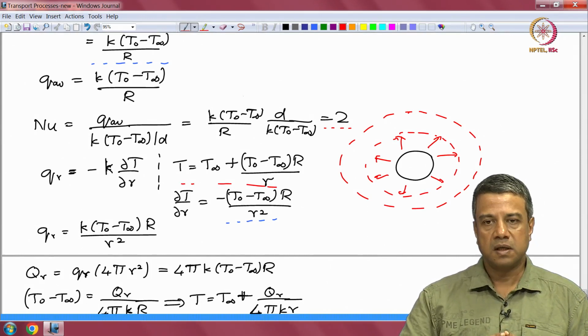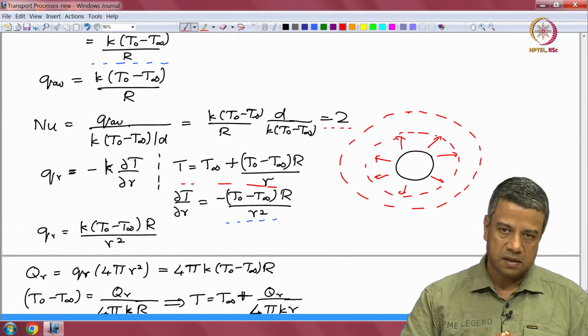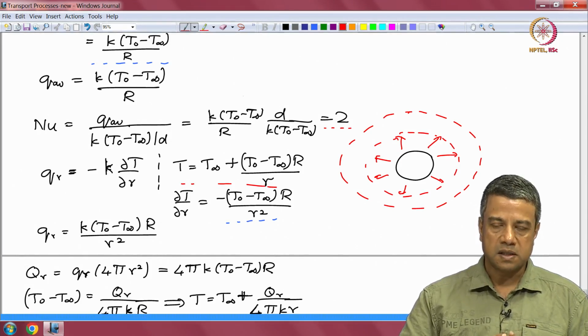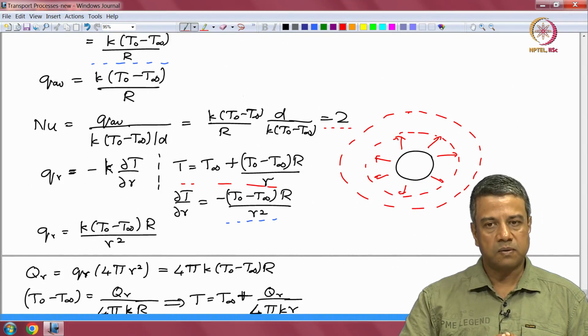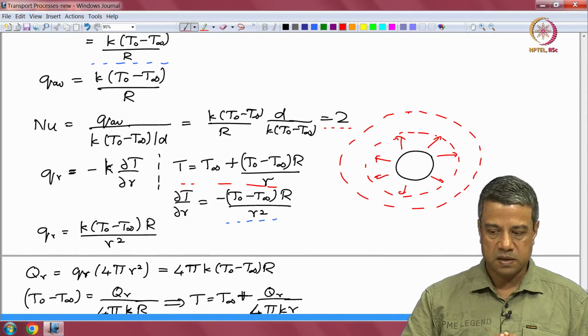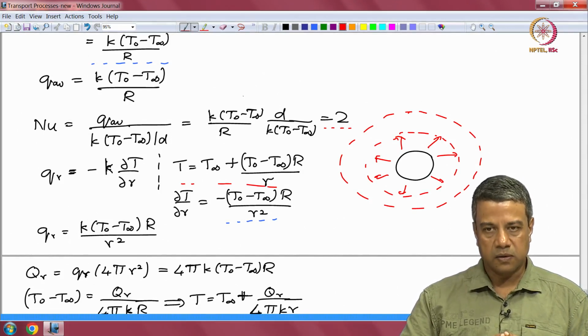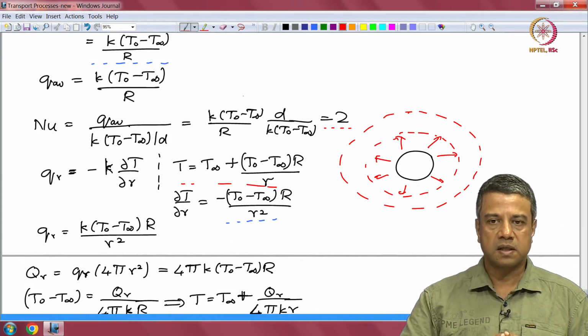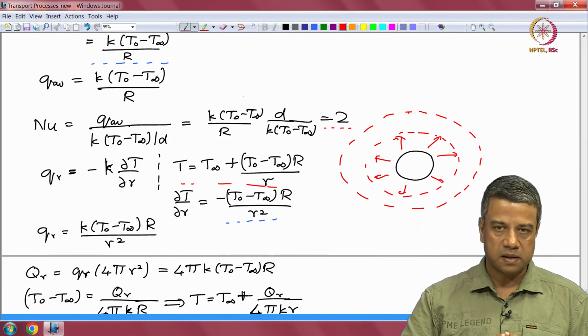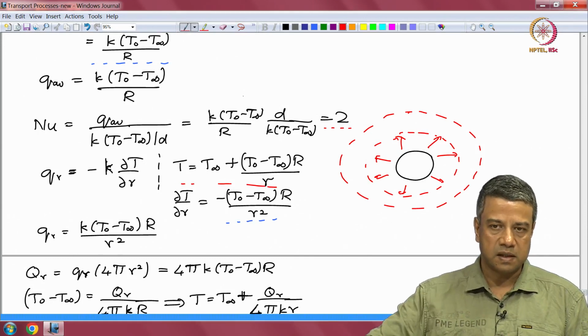From that solution, get the equation for the flux at the surface, the average flux at the surface, and use the Nusselt number definition, scaling the flux by the right side of Fick's law or Fourier's law, to get the correlation for the Nusselt number as a function of the other dimensionless groups. In this particular case, at low Peclet number, fluid velocity is not important. Therefore, the Reynolds and the Peclet numbers are not important, and the Nusselt number is a constant, and that constant value is what we had derived over here.